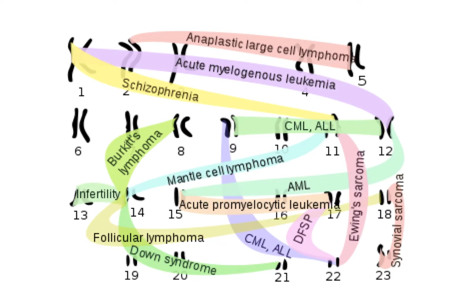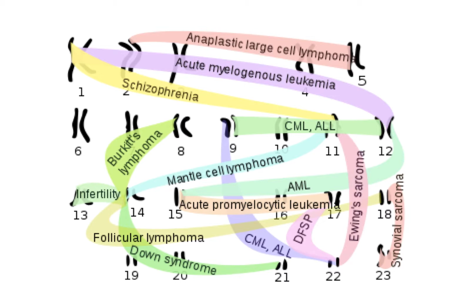Recombination is a frequent cause of cancers, and so this is just a diagram showing some of the chromosomal translocations, that is, crossovers between non-homologous chromosomes that are known to cause cancer and sometimes other diseases.